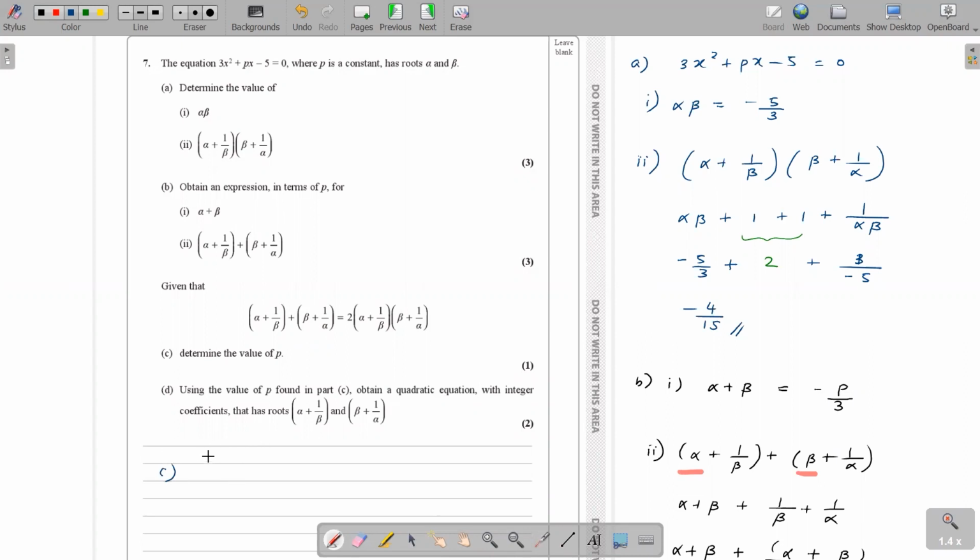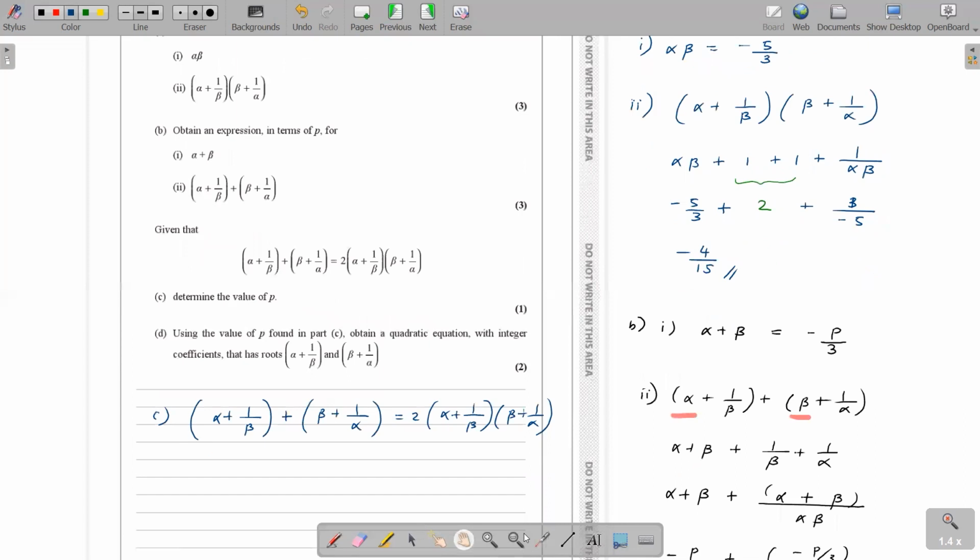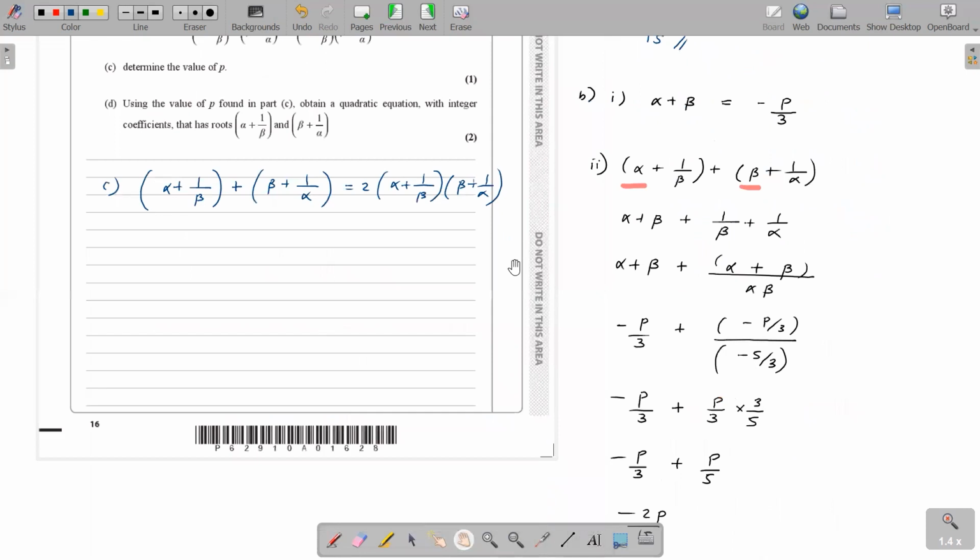Alpha plus 1 over beta, when you add with beta plus 1 over alpha, the answer is equal to 2 times alpha plus 1 over beta into beta plus 1 over alpha. Now, you can see the sum of alpha plus 1 over beta with beta plus 1 over alpha is found in part B, Roman number 2. What was the answer we got?